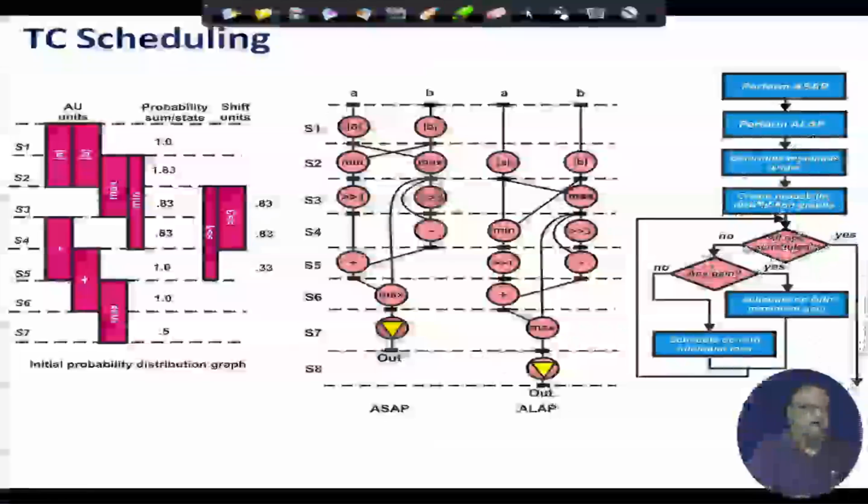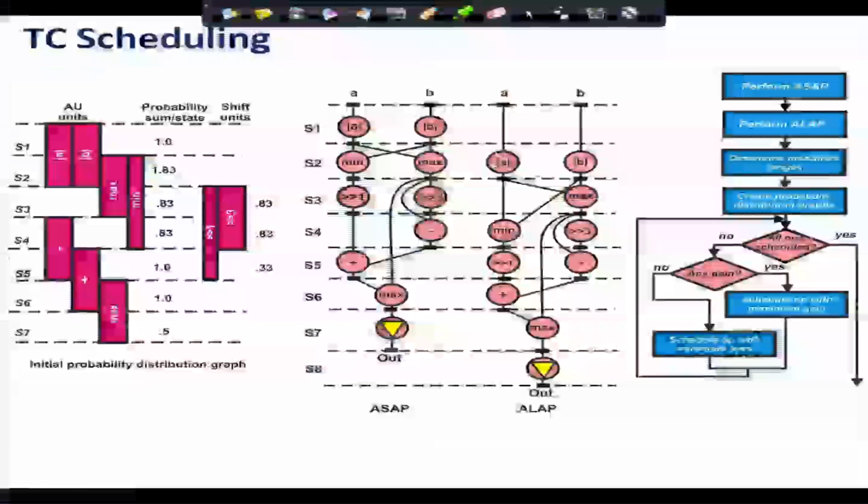Otherwise, we will go for the maximum gain. Where do we gain maximally? If they are same, then we go for the minimum loss, and we carry out this algorithm. We will show it through an example. The same example, that square root approximation algorithm, is coming in very handy with us.